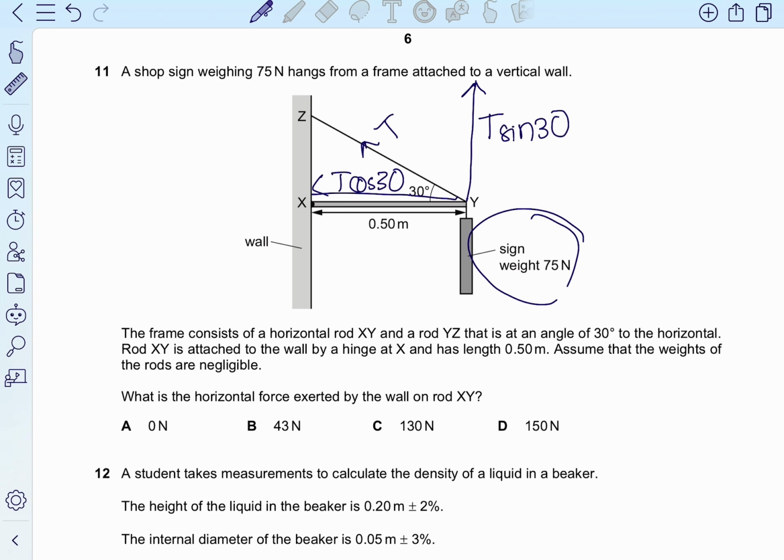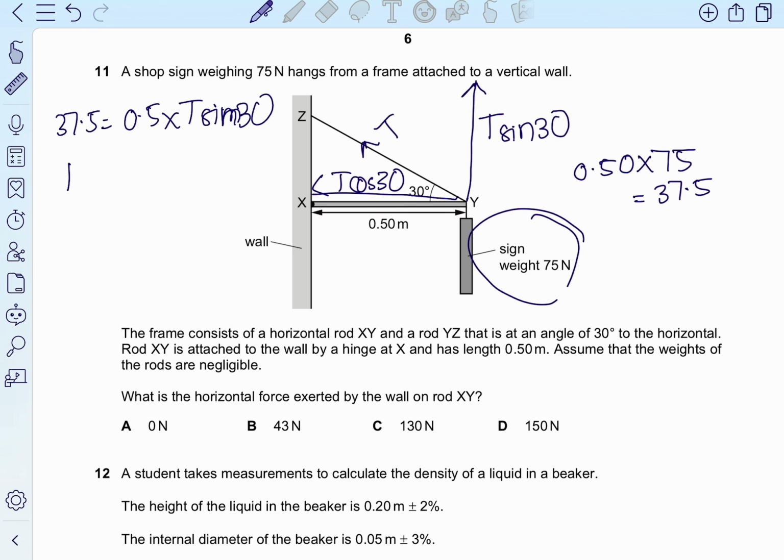Okay, now what's the moment caused by the sign on the rod? That will be 0.5 into 75, which is 37.5. That's the clockwise moment. For the anti-clockwise moment, 37.5 is equivalent to 0.5 into T sin 30, because T sin 30 is the force and 0.5 is the distance.